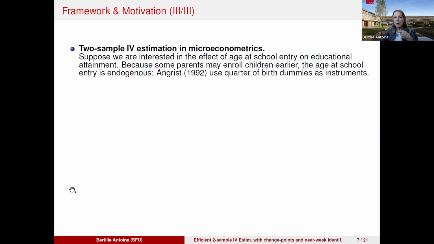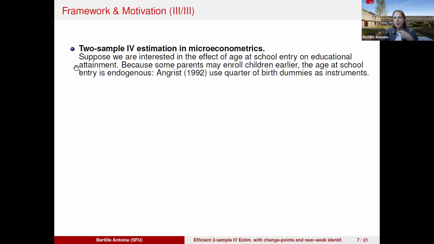The last example that I want to talk about is, once again, kind of switching gear a little bit. This is a micro-based example, broadening the scope of our understanding in terms of abrupt changes. And here, this is based on a two-sample type of estimation.